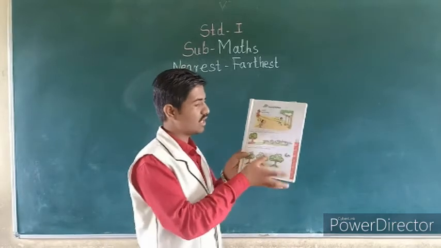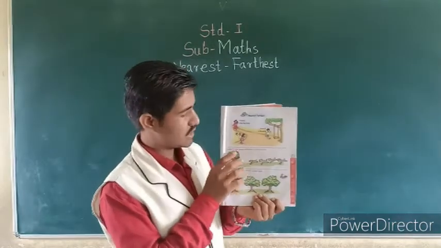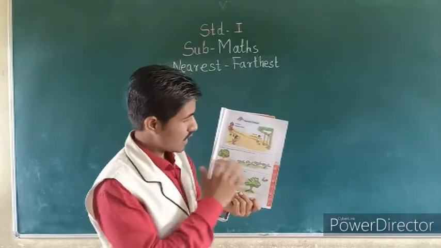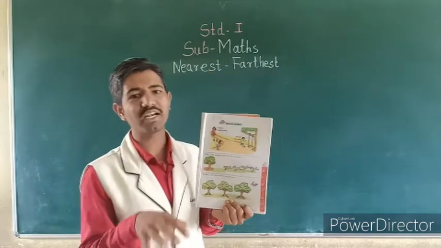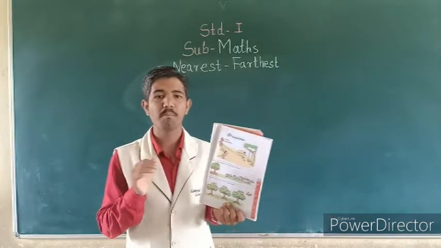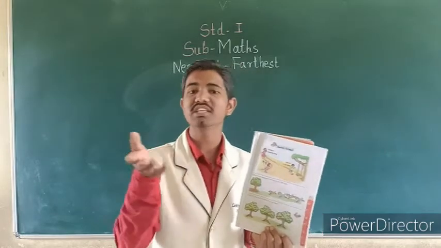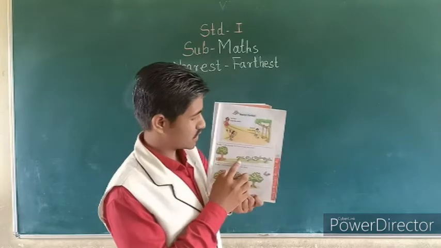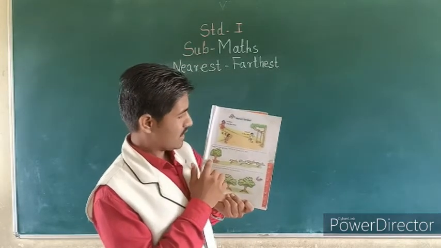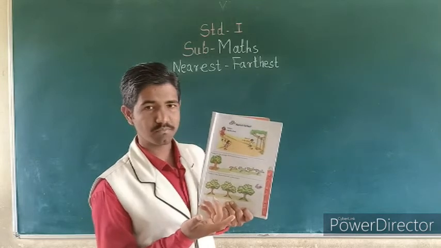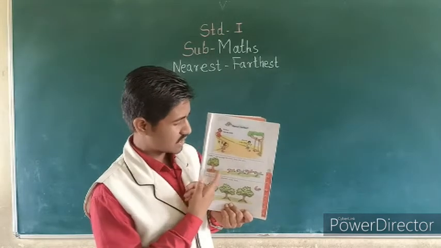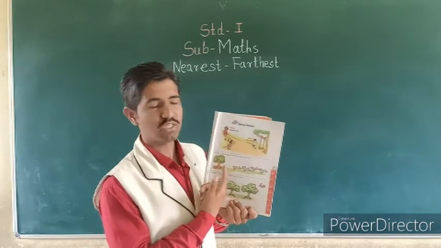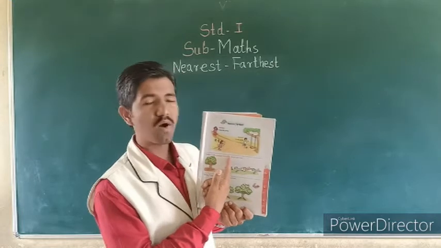So see another picture. Tick the puppy farthest from the tree. Okay, there are 4 puppies playing in the ground. In that ground there is one tree, and the puppies are playing by touching this tree. Which puppy is the first? Is it nearest or farthest? There is a long distance here, and this long distance is called farthest.